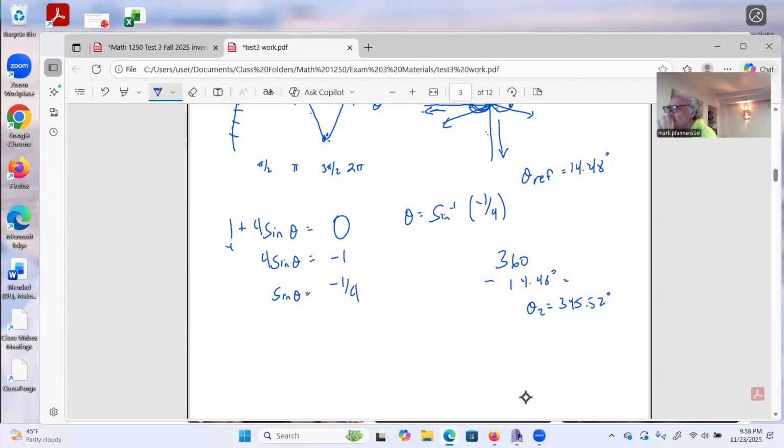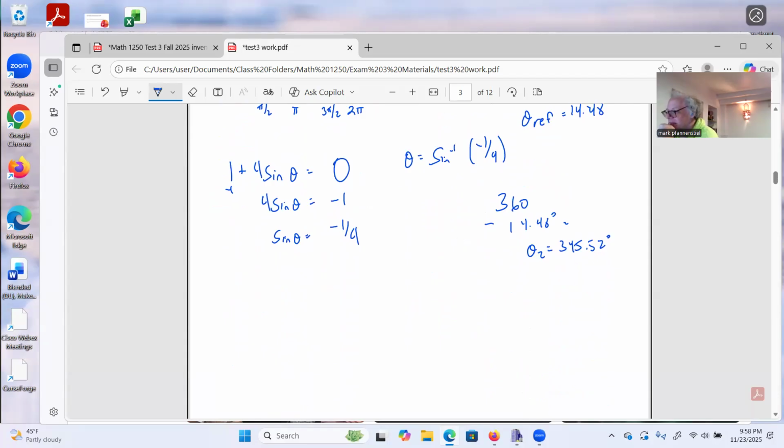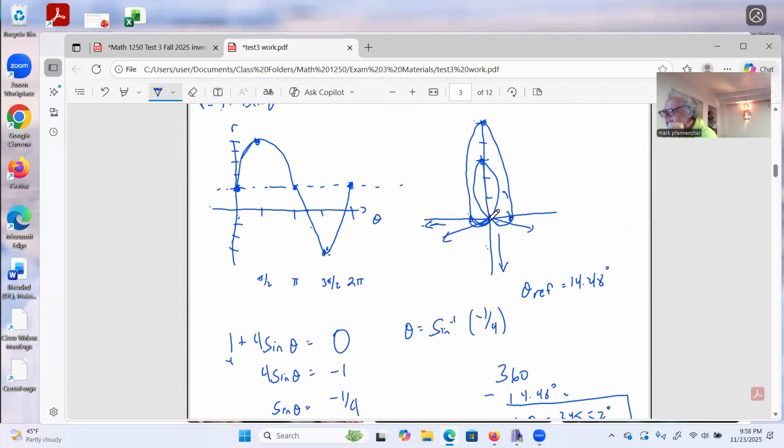The other angle is 14.48 degrees below the horizontal in the third quadrant. So my theta 1 is going to be 180 plus 14.48 degrees. That's going to give me 194.48 degrees.